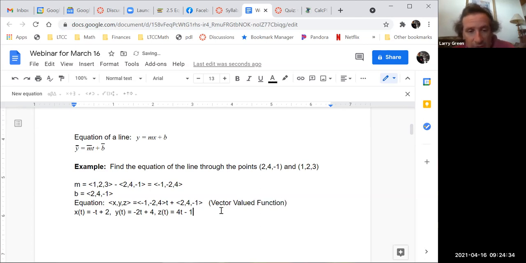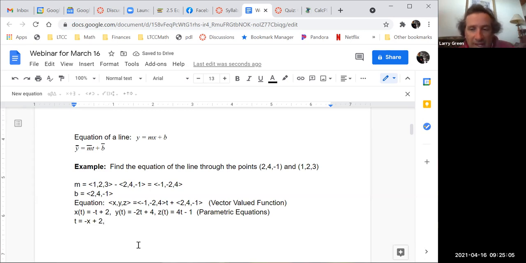The second one was parametric equations. And then the third one, we got some work to do. So we're gonna solve for t. If I solve for t in this first equation, I get t is equal to negative x plus 2.